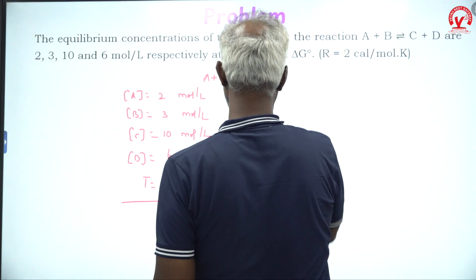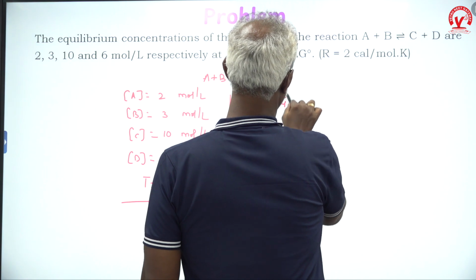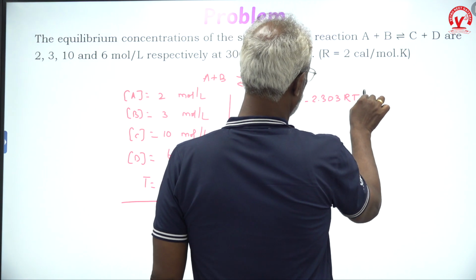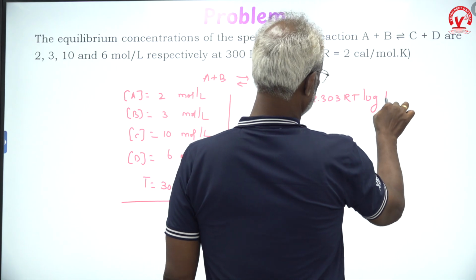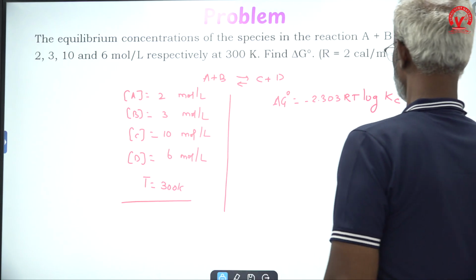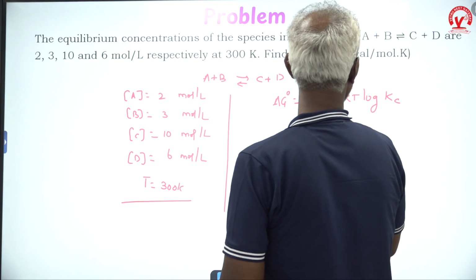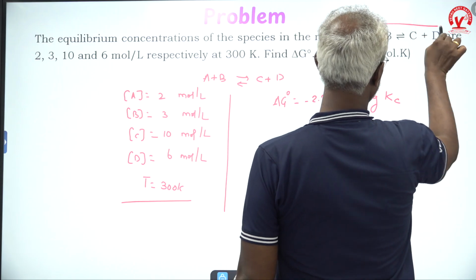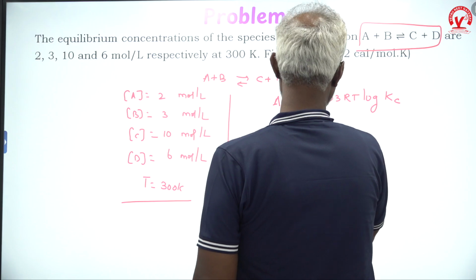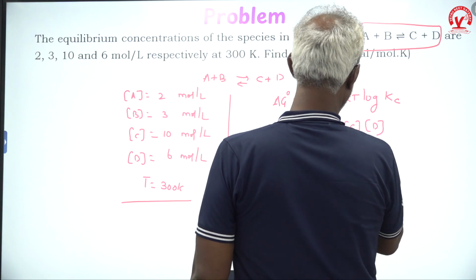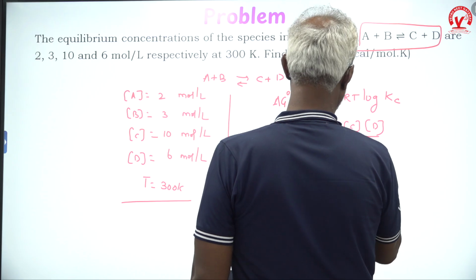The formula is delta G naught is equal to minus 2.303 RT log Kc. So first we'll find Kc. This is the equation, A plus B gives C plus D. So Kc is equal to concentration of C times concentration of D divided by concentration of A times concentration of B. These are equilibrium concentrations.